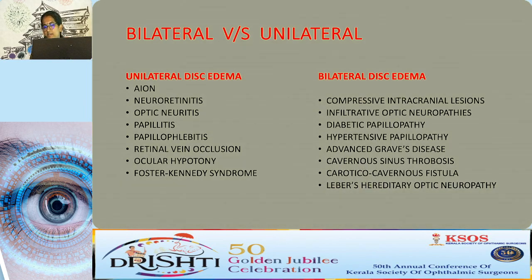In bilateral cases, there could be compressive lesions, infiltrative lesions, diabetic and hypertensive papillopathies, systemic diseases like Graves causing bilateral disc edema. Cavernous sinus thrombosis, CCF, and LHON can all cause bilateral disc edemas.